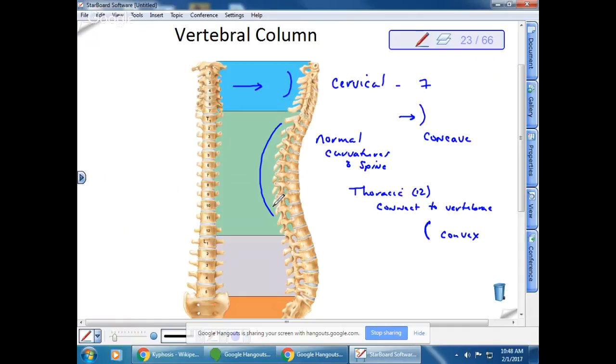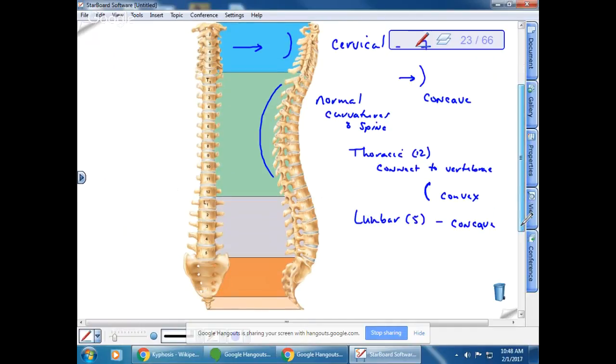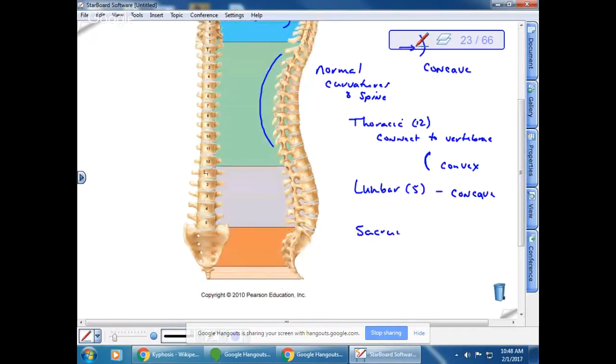The lumbar vertebrae would obviously be concave. There are 5 of those. And then when we look at the sacrum, remember that the sacrum is composed of fused vertebrae.